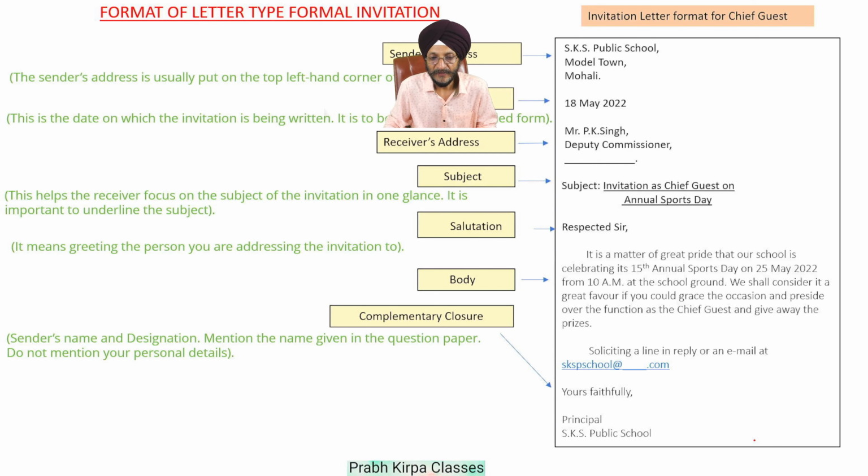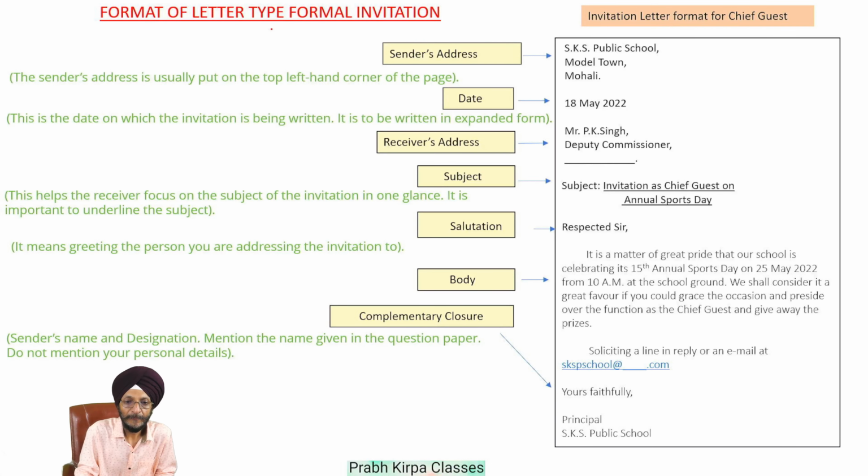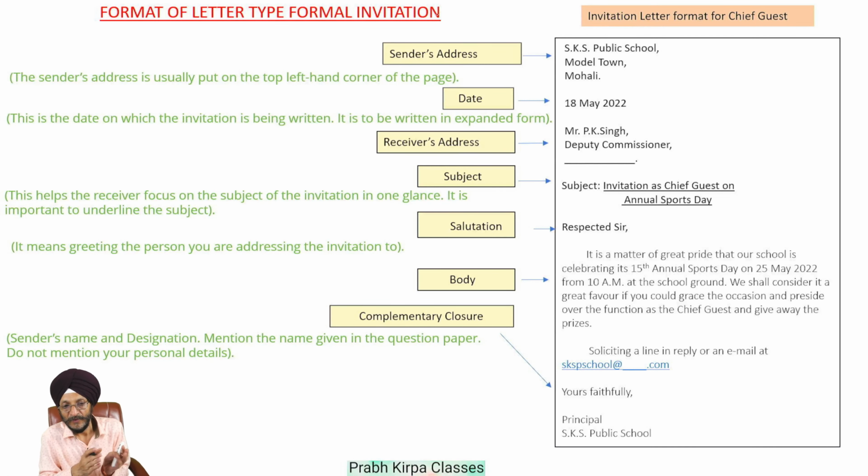Now comes the format of the letter type formal invitation. So far we have discussed the format of marriage party, birthday party or annual function, which we normally send to the parents or other general public, or in the case of marriage or birthday parties, to our friends, relatives, or neighbors.